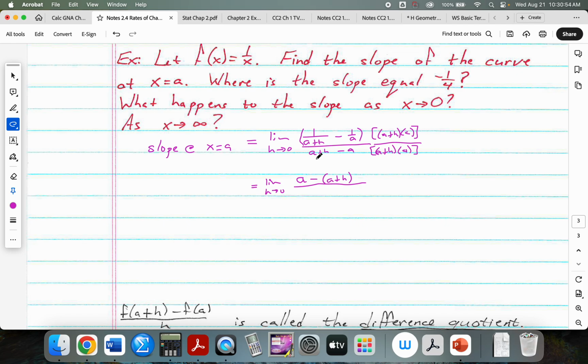All over, this first factor in the denominator is just going to be h. And in the denominator, I'm never going to expand things, because the denominator is not where the problem is. The problem is in the numerator. I want this in factored form. So a plus h times a.